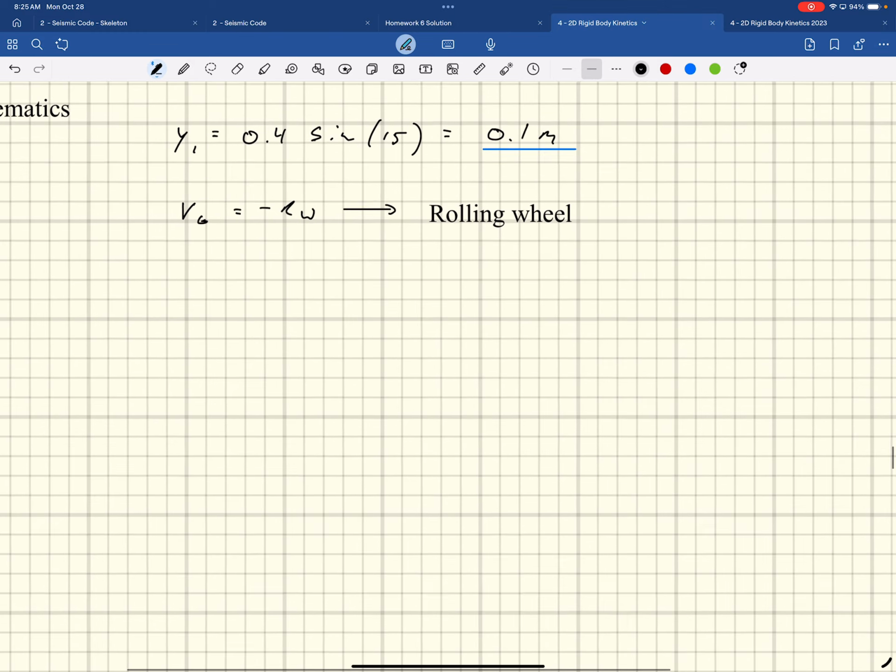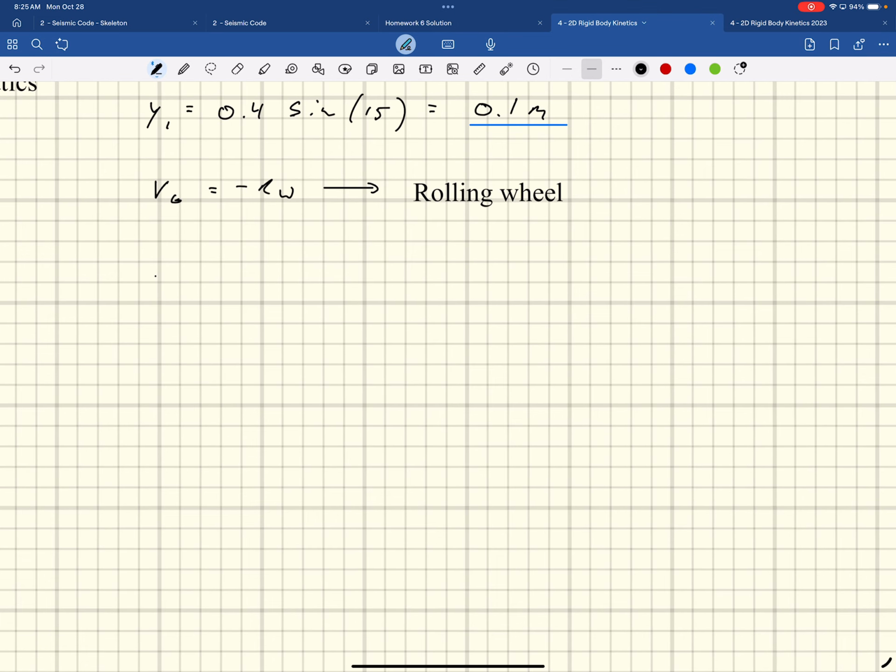Okay, and then last, we have to figure out how far it rolls. I would put this in rolling wheel kinematics as well. If you're trying to figure out the circumference of something, you do 2 pi times r. That tells you how far you go around. You've got the radius, and you multiply it by the angle over which it acts. That same concept applies when a wheel is rolling, because it's really rolling over its circumference.